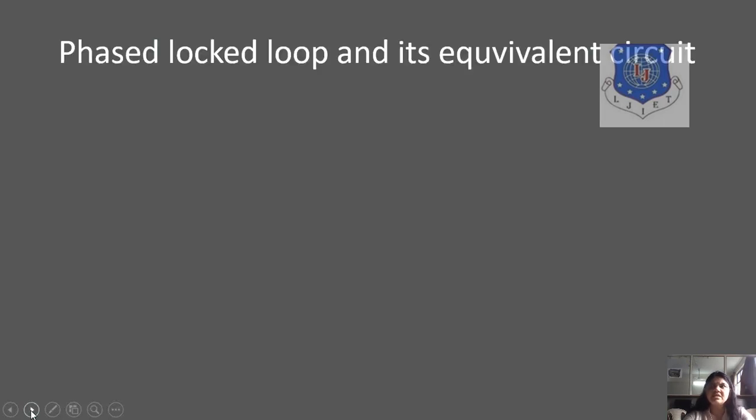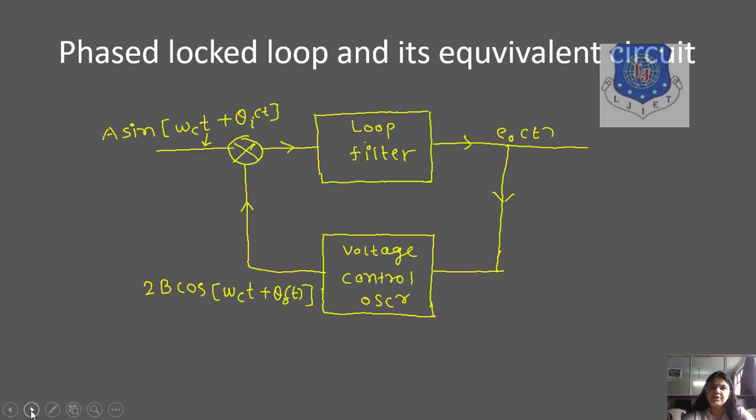PLL and its equivalent circuit. Here you can see the block diagram of the PLL circuit, which consists of three basic components: loop filter, voltage control oscillator, and multiplier.